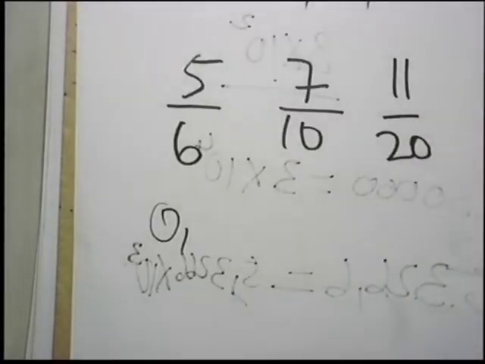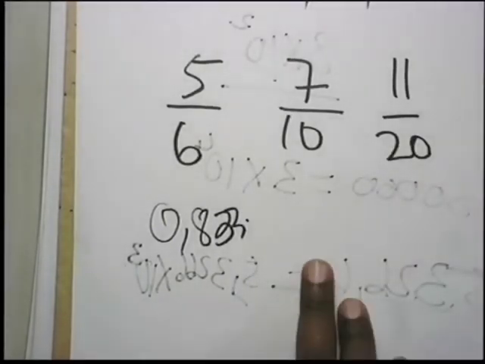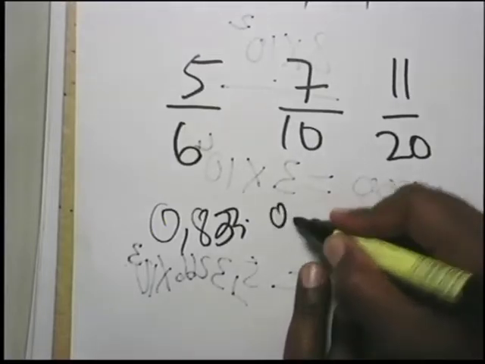When you divide, you say 5 divided by 6, and that is equal to 0.8333 and so on. And then the next one is 7 divided by 10, that gives you 0.7.